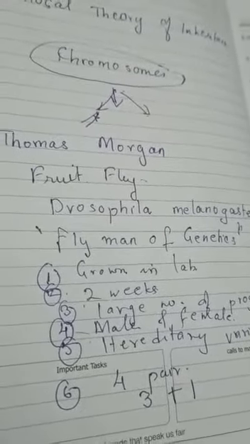Now, what did he do? Morgan bred many generations of fruit fly, and normally Drosophila are red-eyed.